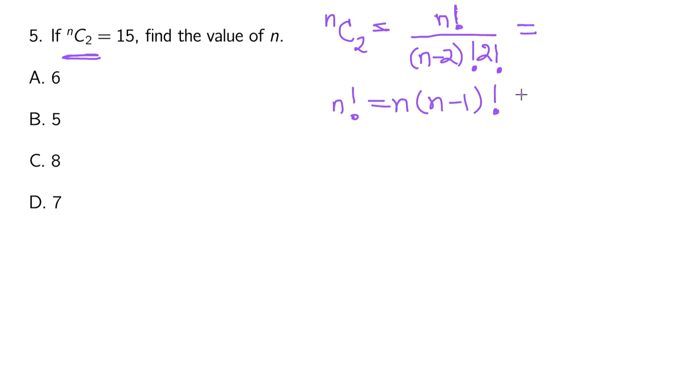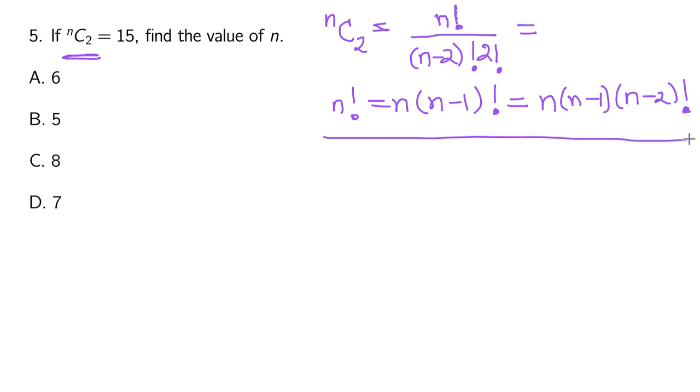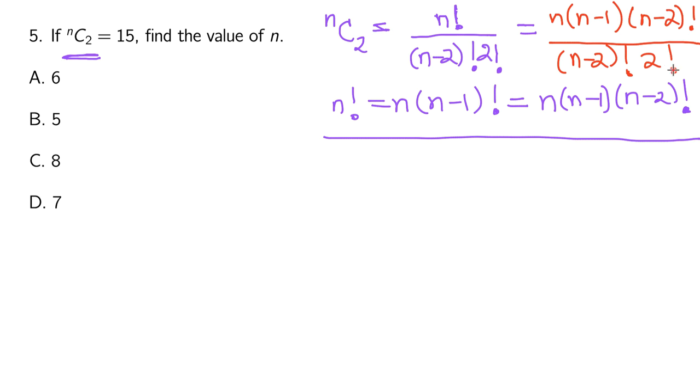And once you write it this way, you have to know that n minus 1 factorial is also equal to n minus 1 times n minus 2 factorial. So this is the trick, because when you write n factorial this way, then you can come back to the top and you have n times n minus 1 times n minus 2 factorial all over n minus 2 factorial times 2 factorial.